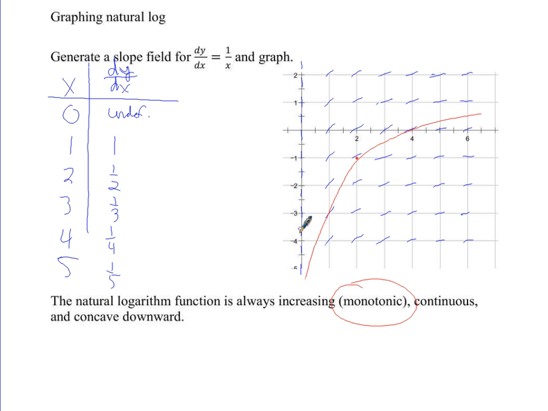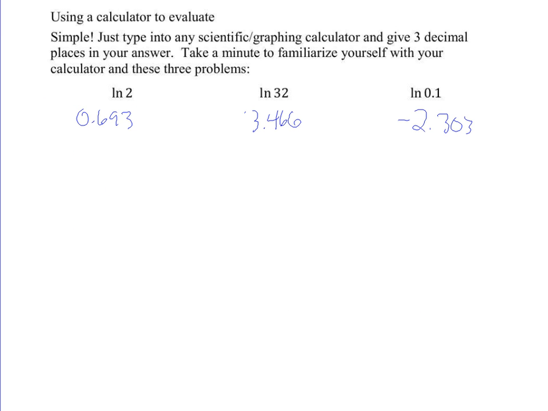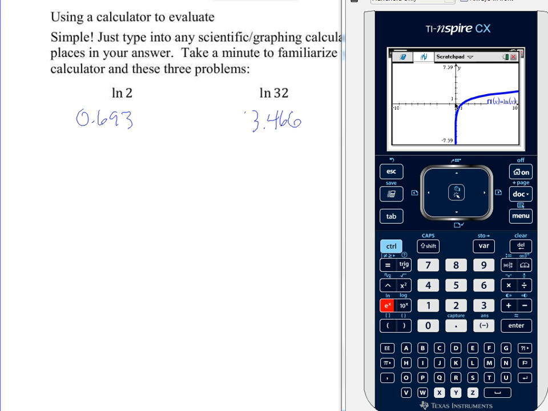Remember that x values in the natural log can't be negative, but y values can be. So there's our graph, and you can see that that's kind of what I was referring to. This thing takes off. This will eventually become a little bit more horizontal as it goes. But over here, between 0 and 1, this thing is negative.